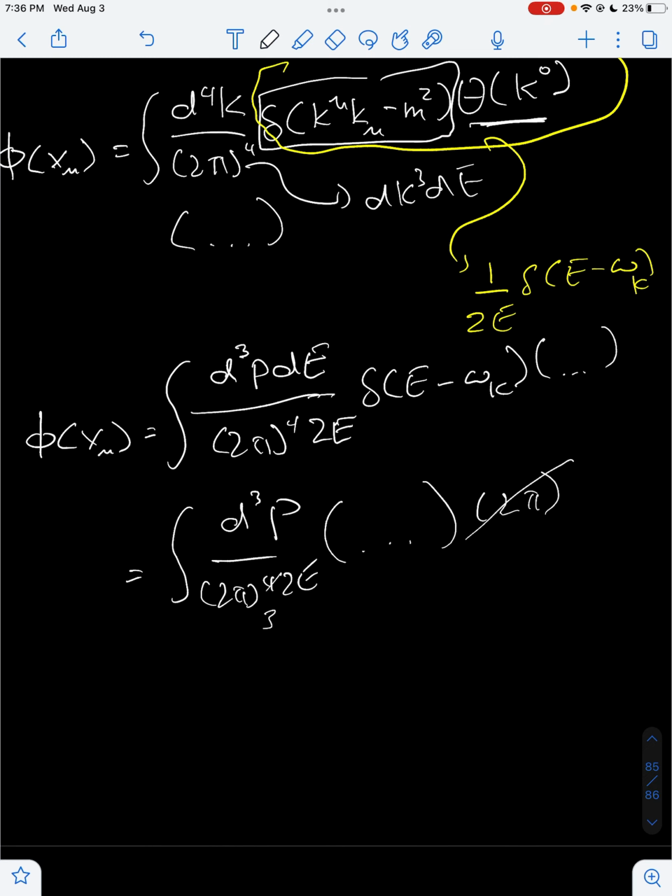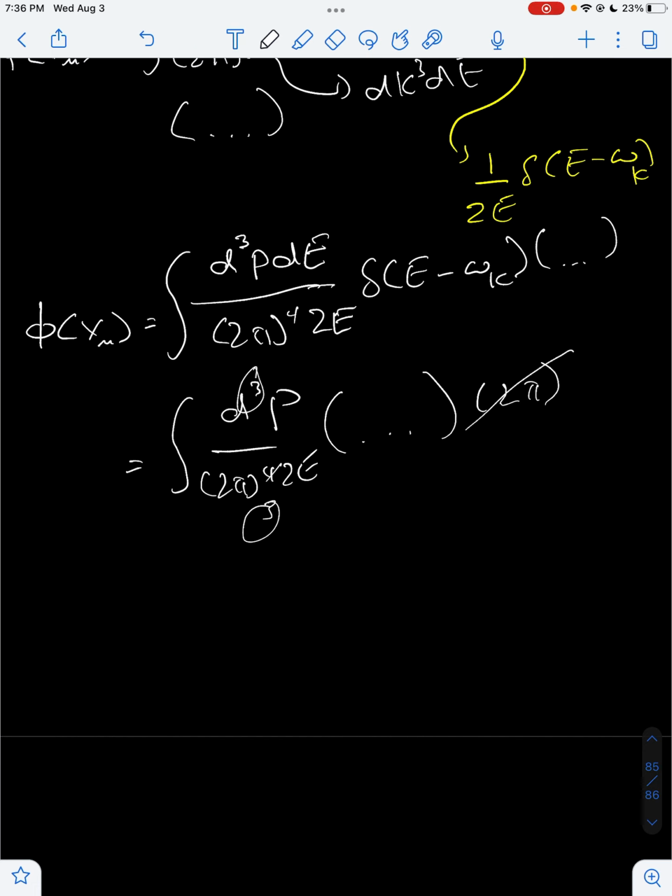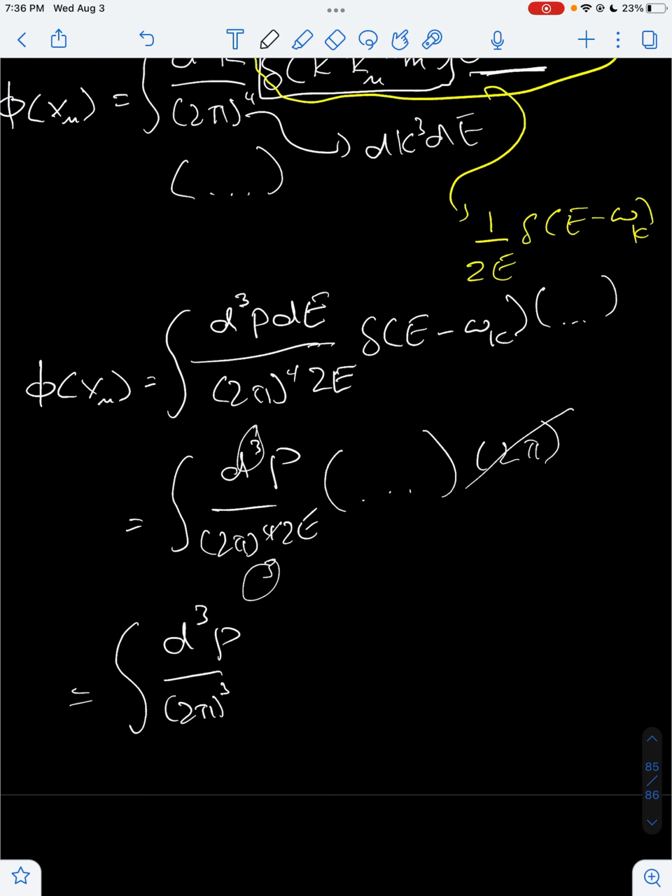Since if this is 3 and this is 3, it makes the Fourier transform make a bit more sense. It's just convention. Also, e equals omega k for our delta function, so we should really write 2 omega k instead of 2e. But since they're equal, it's still okay.